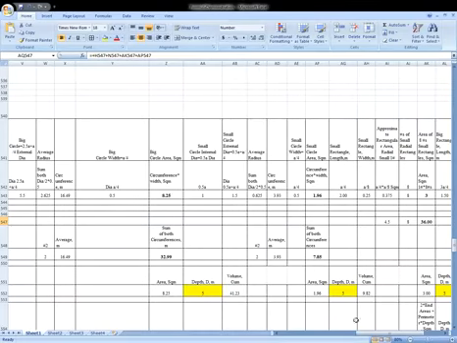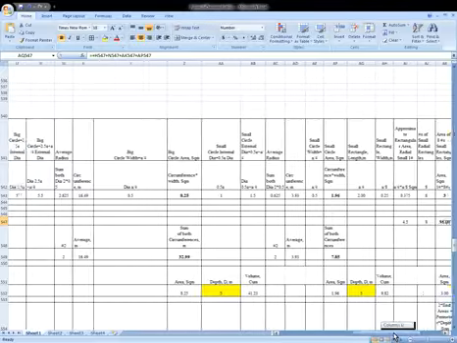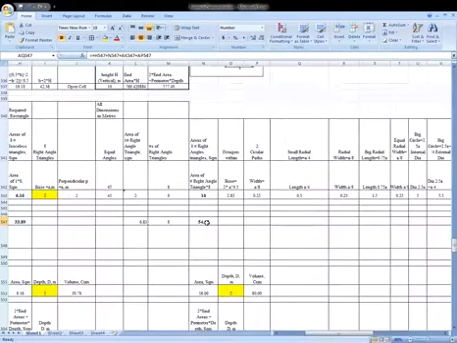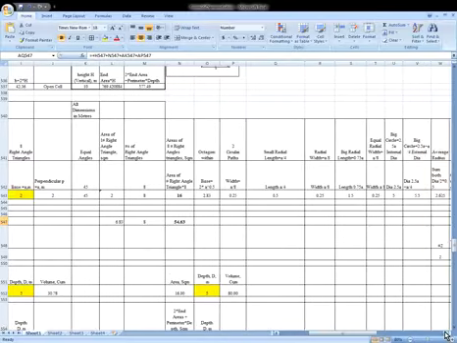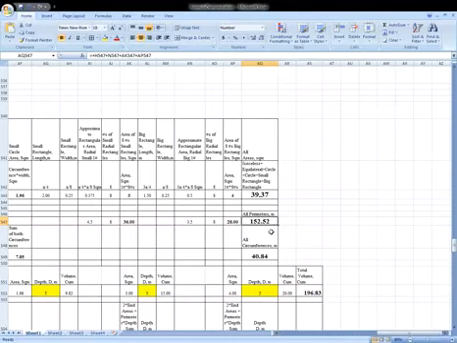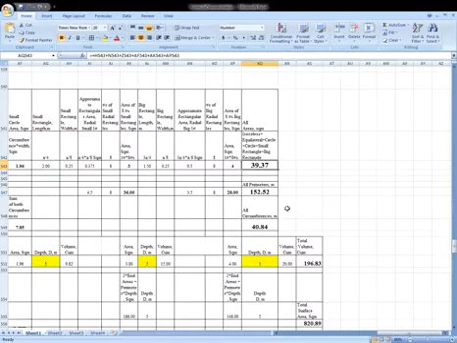This is what I'm talking of, the area. So these are the areas put in here, and we say that the total is this, 39.37.